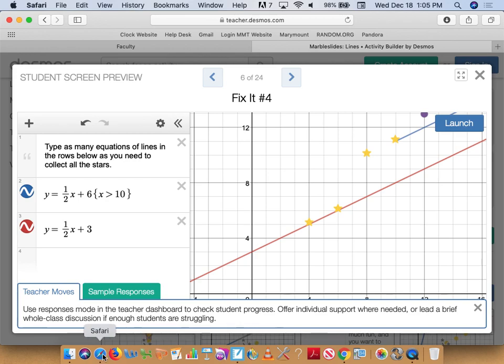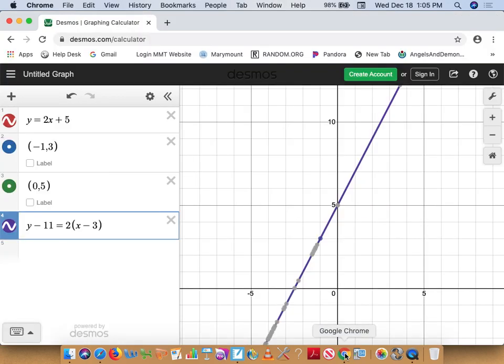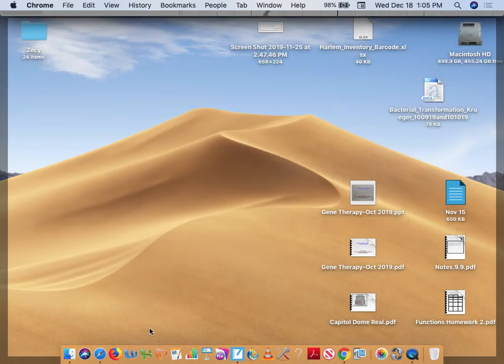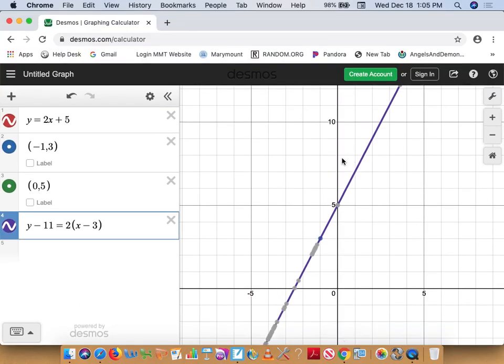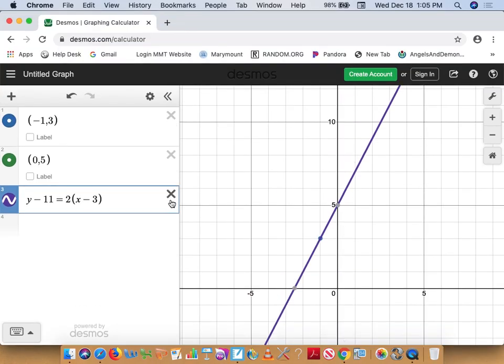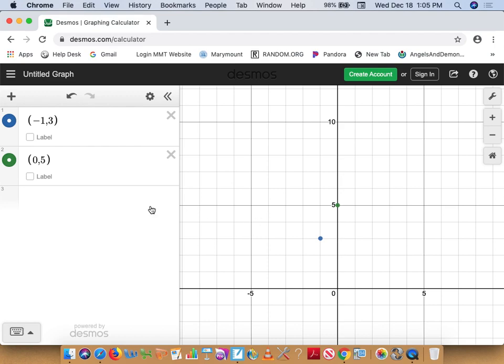You're going to have fun little toys that you want to grab. So let me get rid of this. Say that this is a truck and you really want that truck. You're going to have to write some kind of line to go through that truck, and you can use either form that you want to.